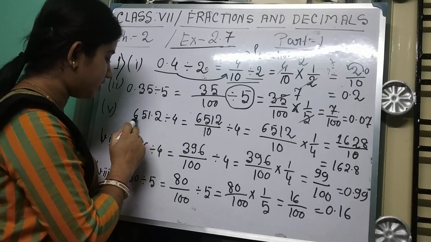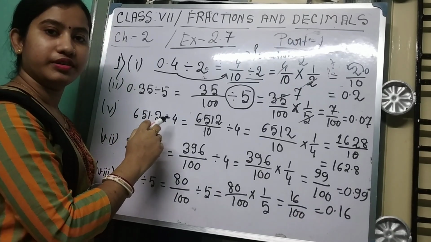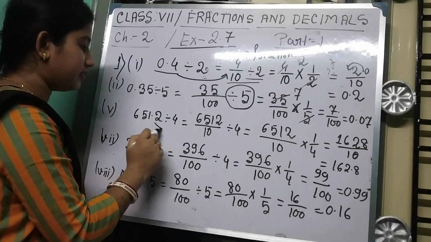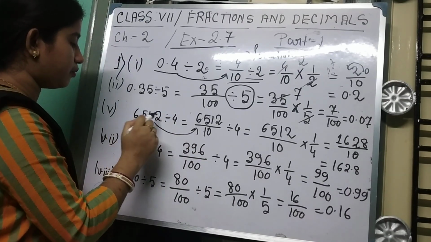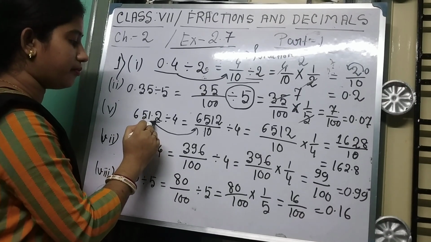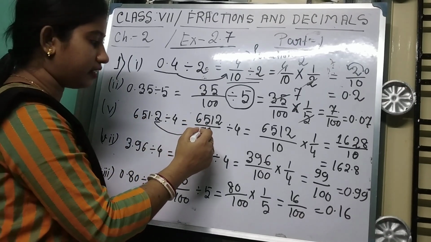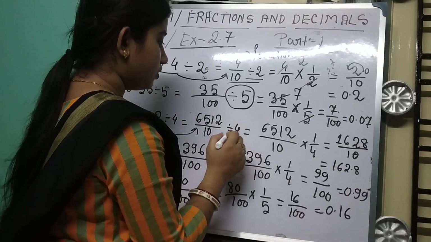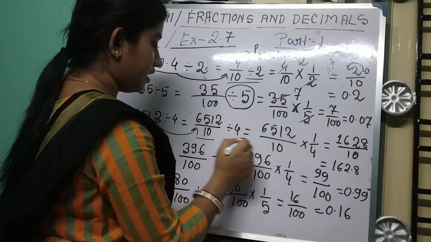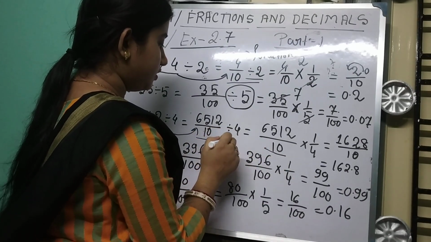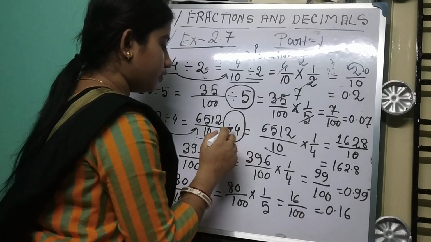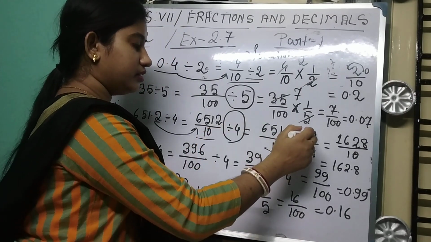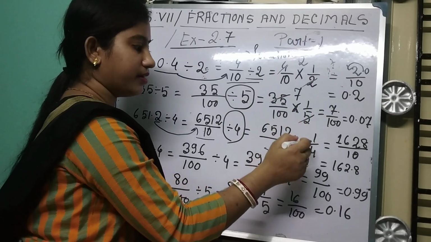Now next number 5. Here is given 651.2 divided by 4. This is equal to, first we convert this into a fraction. So 6512 divided by 10, as there is one number after the decimal. It's divided by 4. We write this the same, and next we change this sign to multiplication and write the reciprocal of this number, that means 1 by 4.